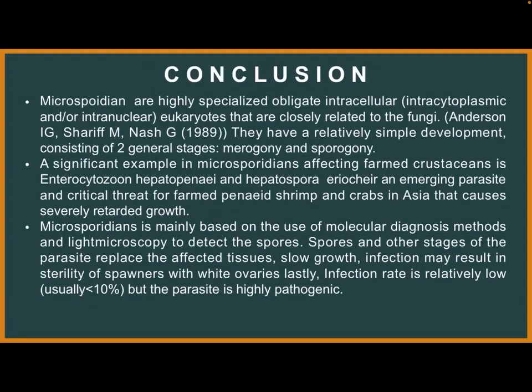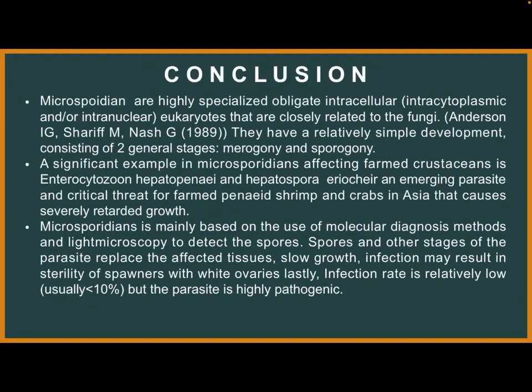In line with this, a significant example of microsporidians affecting farmed crustaceans, specifically Penaeid shrimps and crabs, is Enterocytozoon hepatopenaei and Hepatospora eriocheir, an emerging parasite and critical threat for farmed Penaeid shrimp and crabs in Asia that causes severely retarded growth.